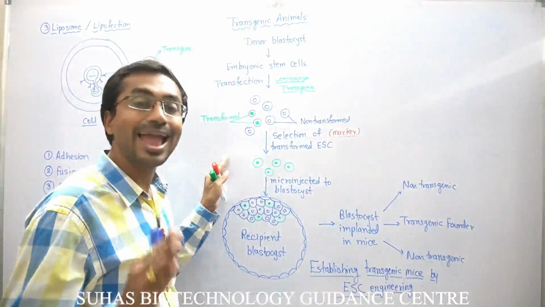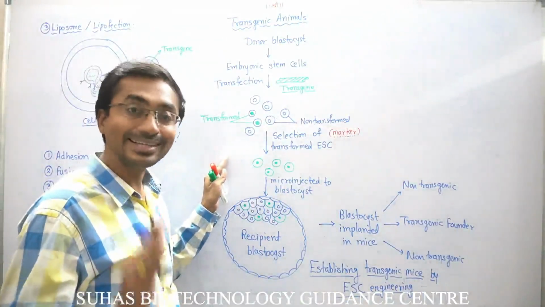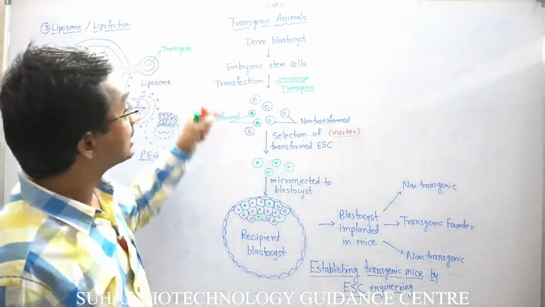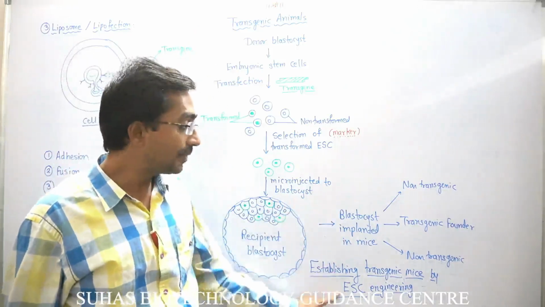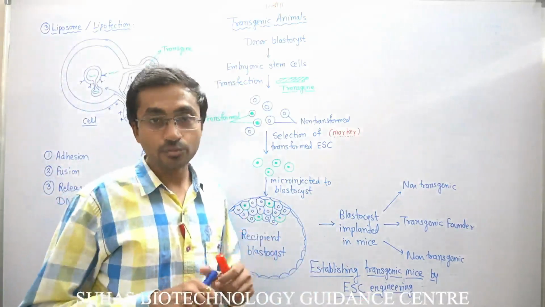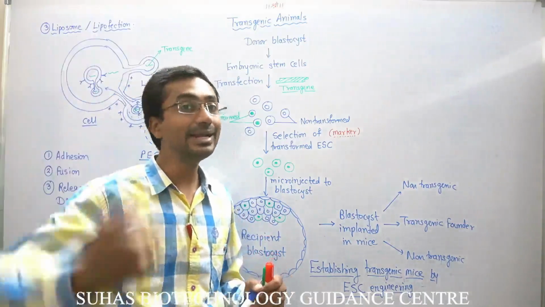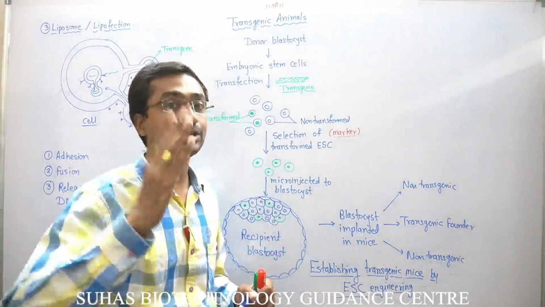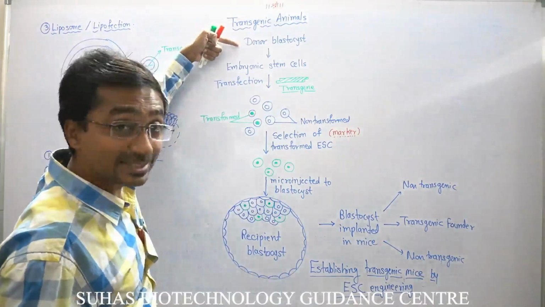The fourth and most important method, the latest method of forming a transgenic animal, is this one, in which we are going to use embryonic stem cells. Embryonic stem cells have the ability to form a complete individual, because they are embryonic, they are still not differentiated. Now, this is the donor blastocyst.